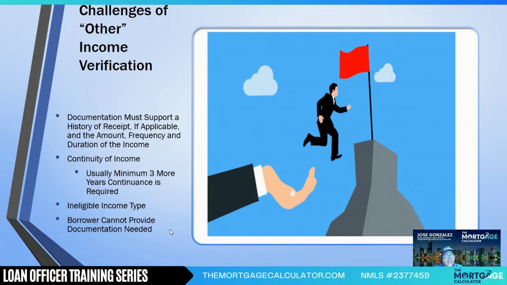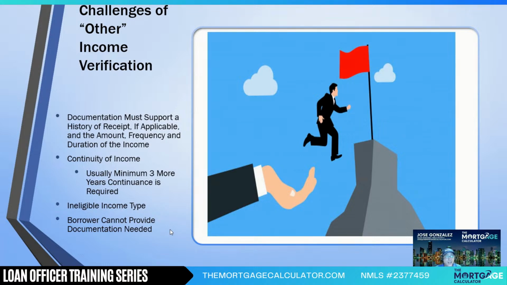The first one that you see there is the documentation must support a history of receipt. Whatever documentation is being provided needs to support a history of receipt of the income, if applicable, and the amount, frequency, and duration of the income.